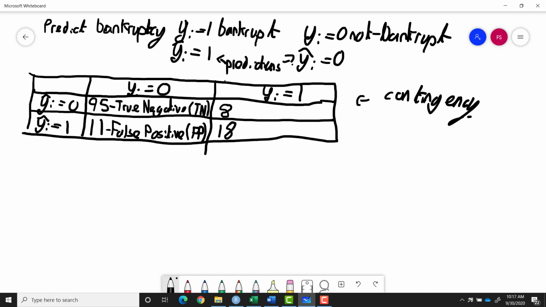And then it is bankrupt, and we predicted bankrupt. So yep, we've got it right. This is a true positive. And this is, it was bankrupt, but we got it wrong. This is the false negative.